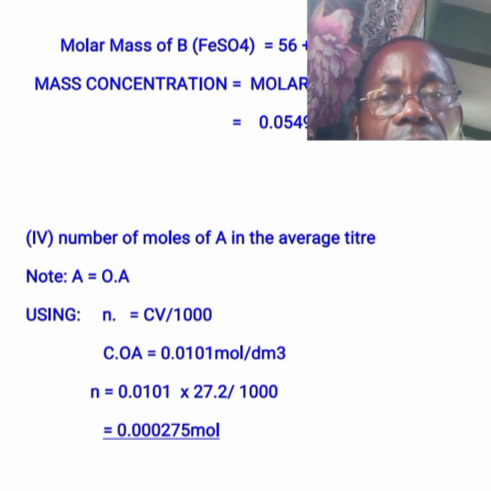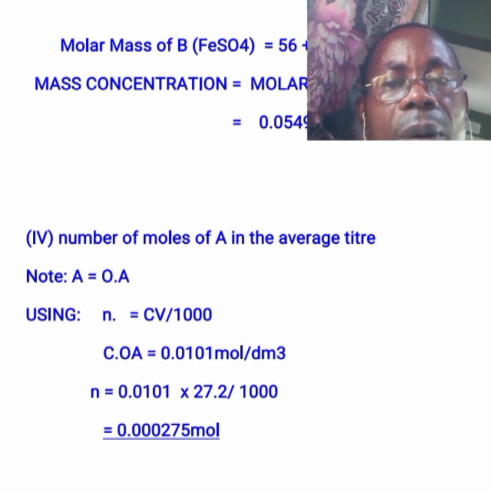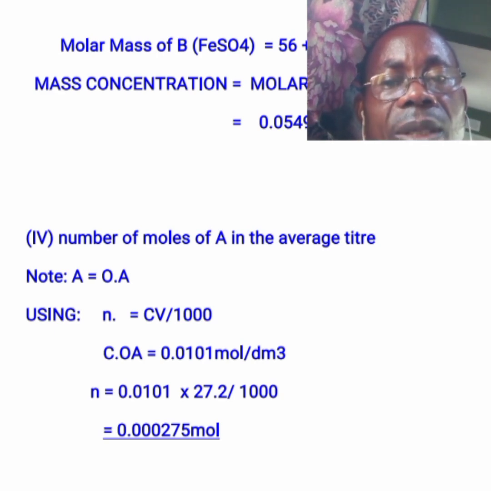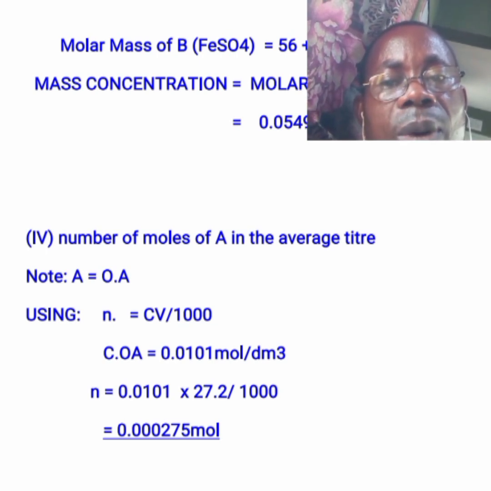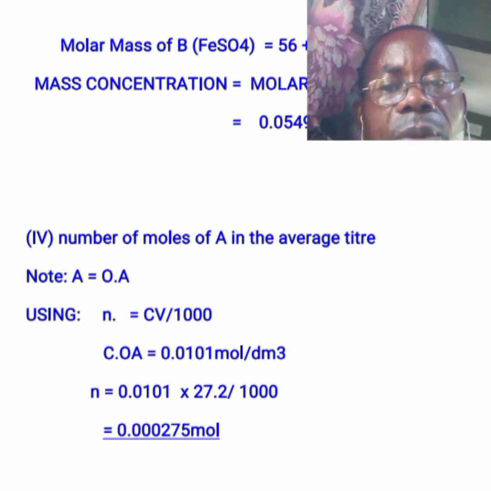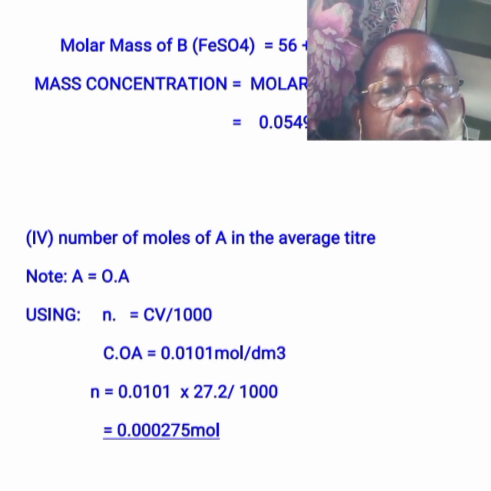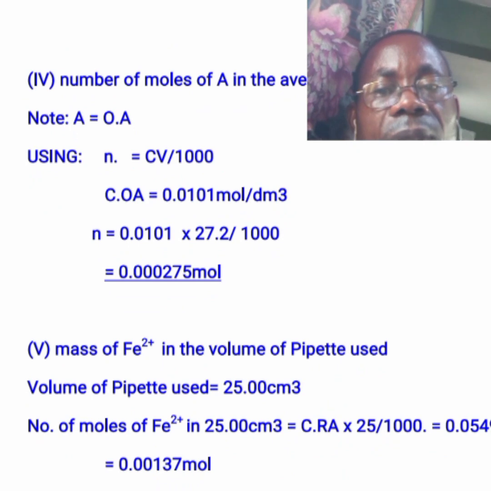Our C is COA, the concentration of the oxidizing agent, which is 0.0101 mole per dm cube. Our volume is the average titer, which is 27.2 cm cube. When we substitute, we get 0.000275 moles, to 3 significant figures.